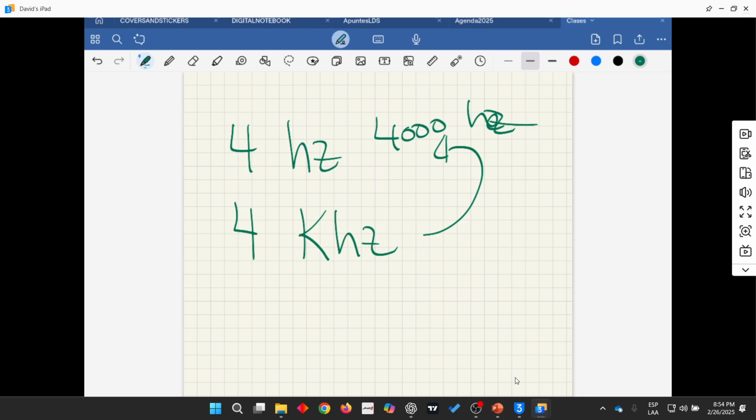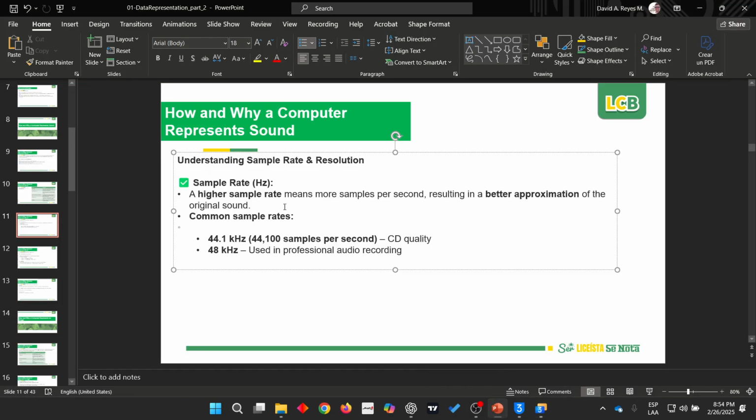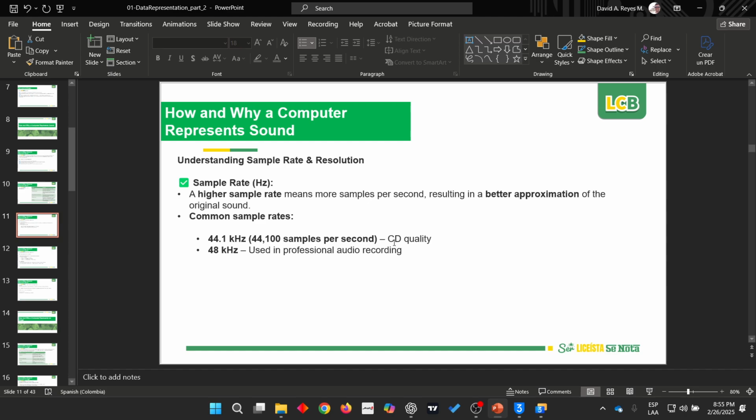That is the reason that in this example we are talking about 4 hertz, but here I am talking about 44.1 kilohertz. That means 44,100 samples per second, and that is the CD quality.